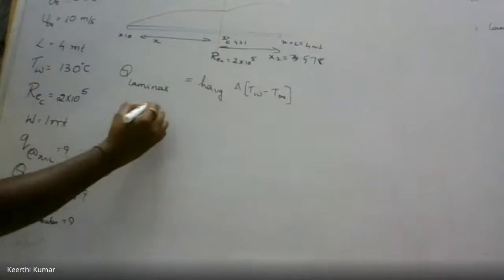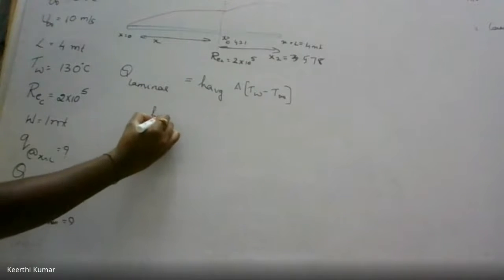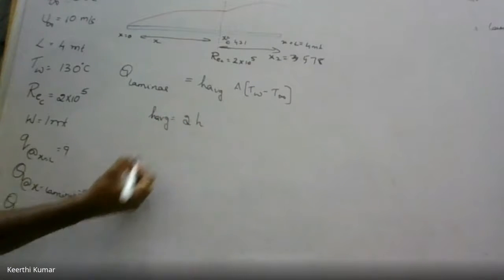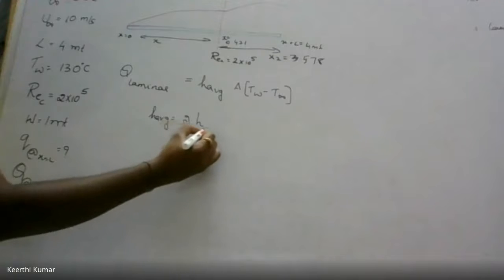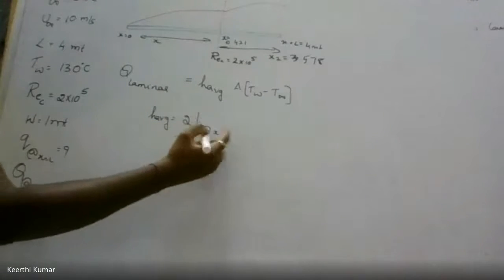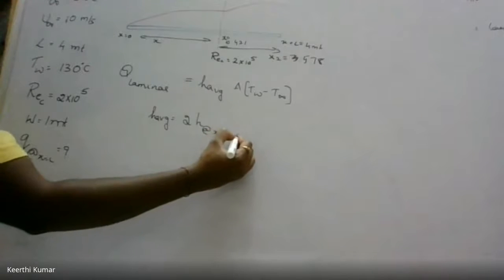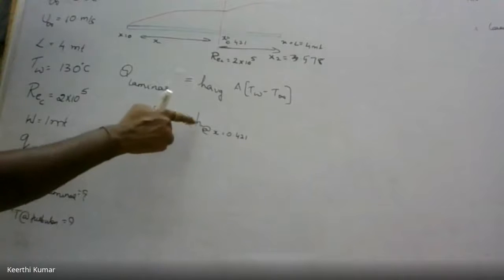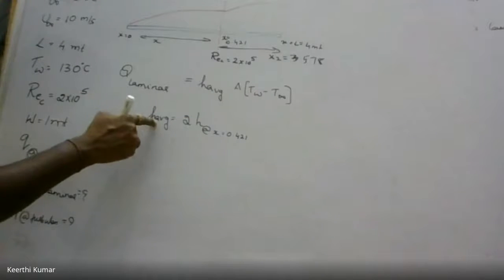So for this, how to get h average? h average can be obtained by the formula 2 into h. Correct? We got h at x. 2 into h at x. So what is this x value? x is equal to 0.421 now. For us, 0.421 is the x value. So to find h average, this is the formula.